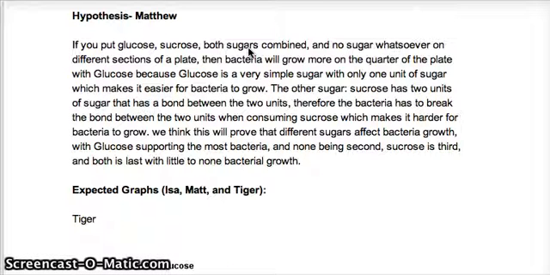Our controls, which were both and none, we believe that none would be after glucose, and both would be before sucrose. So both would have the less bacterial growth, and glucose would have the most.